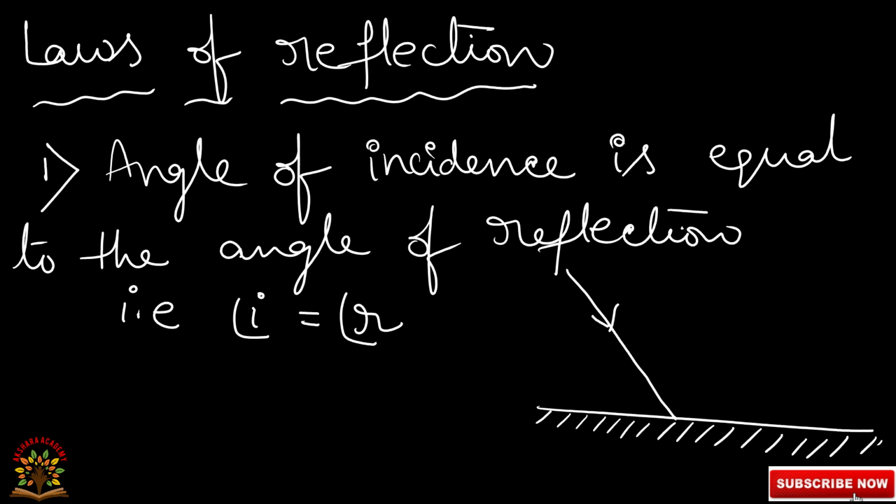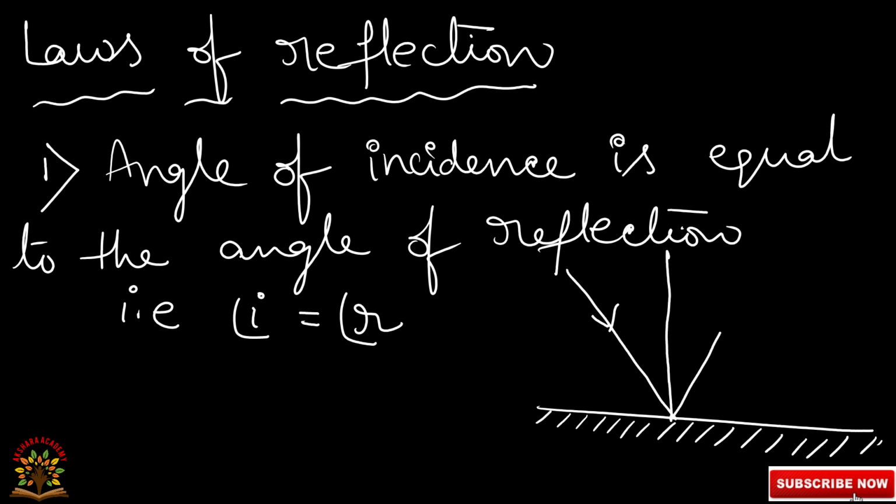We are drawing the normal, that is, normal is nothing but a perpendicular line drawn at the point of incidence.